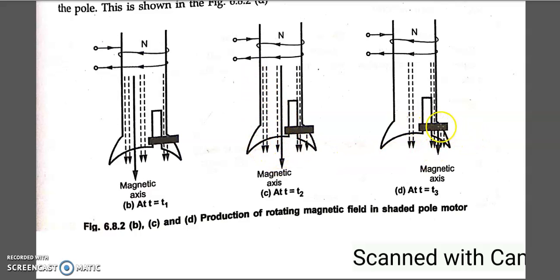And now at this particular part, at the time T3, the flux was continuously decreasing, and again the flow of current in the copper shading band is in such a way that it always opposes the decrease. It opposes the decrease means it tries to increase the flux, so the crowding of the flux is more here when compared to this, so this creates unbalance.